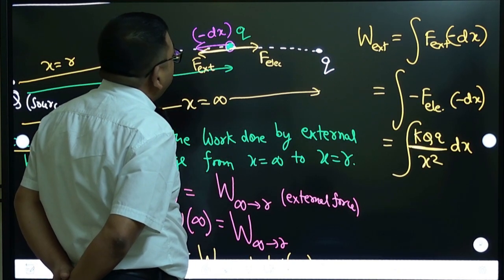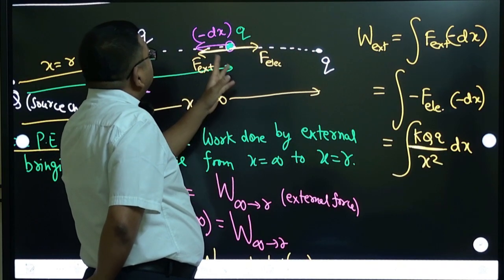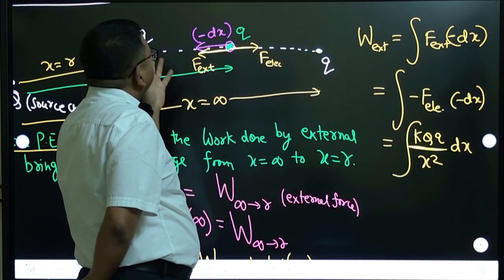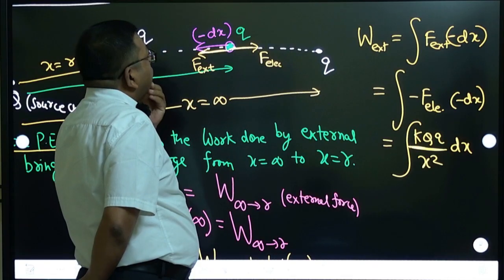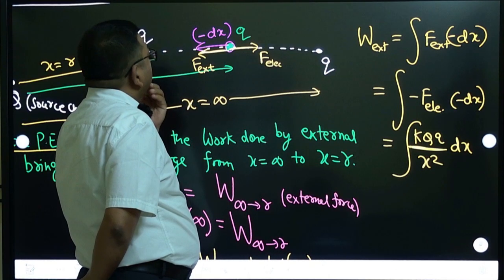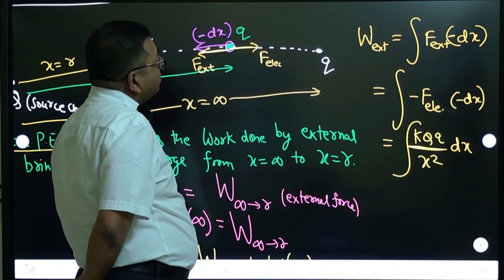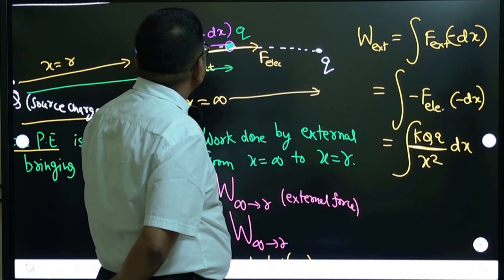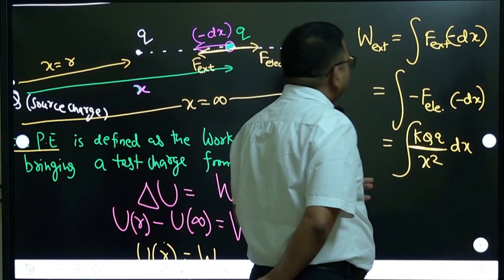Work done by the external force we have to write. So the external force, and this minus dx is in this direction. Correct, only the external force is negative, the negative direction. No, somewhere here a mistake is happening.